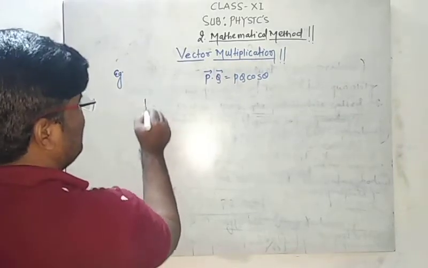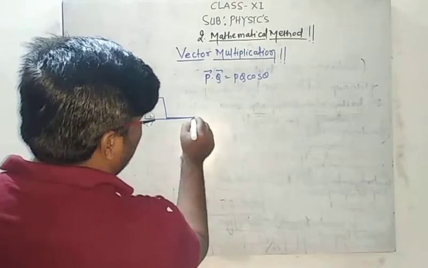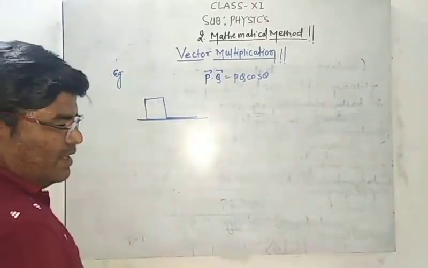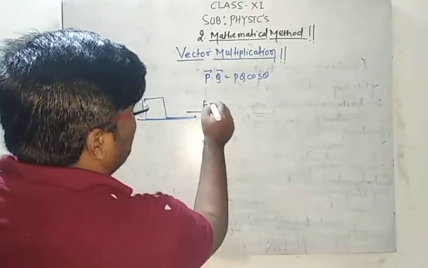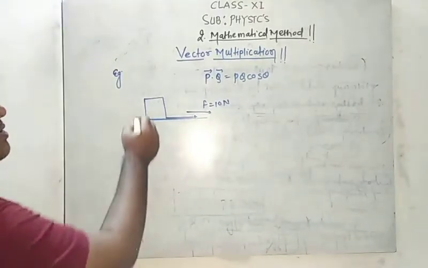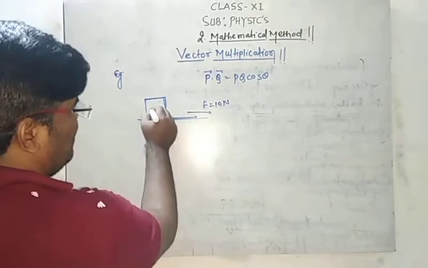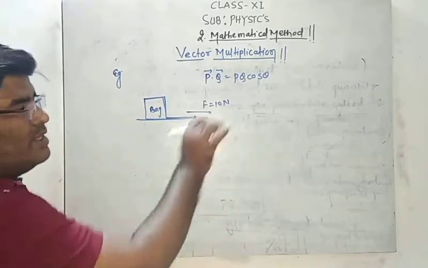So here we have a bag, right? This is the handle of the bag. And we put a force of 10 Newton in this direction, and the bag displaces 2 meter in this direction.